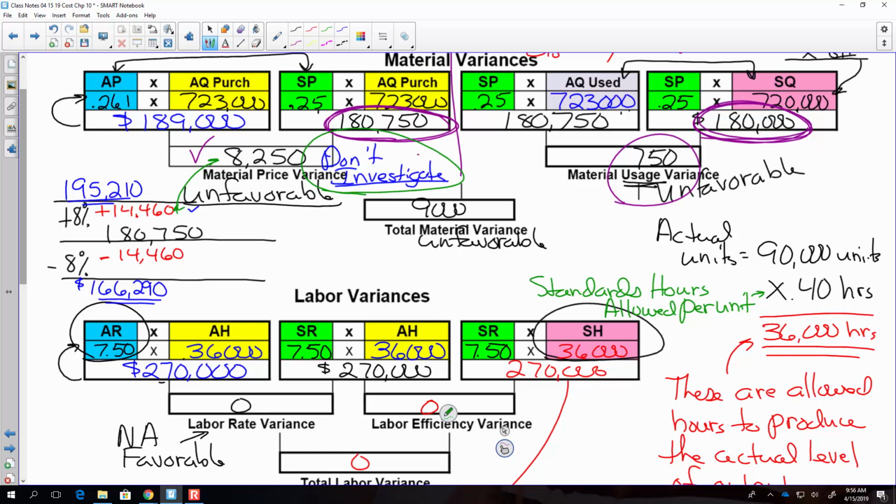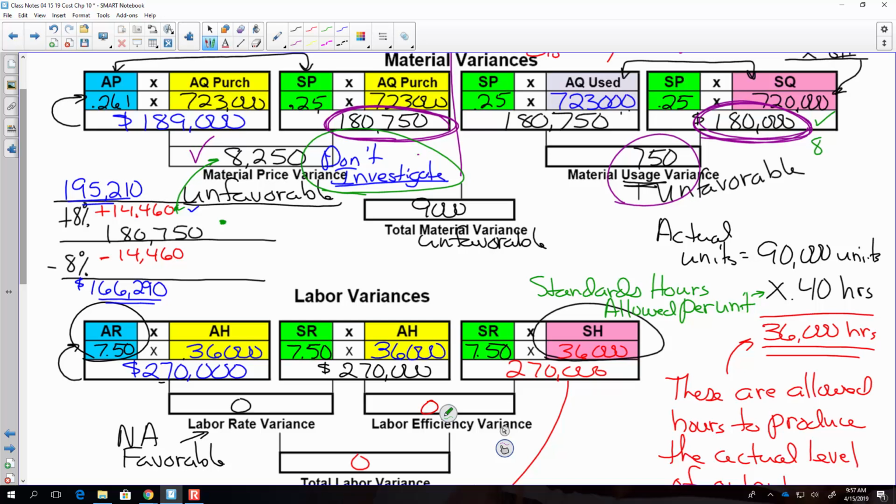Seems like a long, drawn-out process to get to whether we investigate or not. But basically, we can look at that range and say, hey, it's well within. So it's probably sitting dot-wise kind of right in there, well within the range. Now, on the usage variance, we said this is our center mark, right?